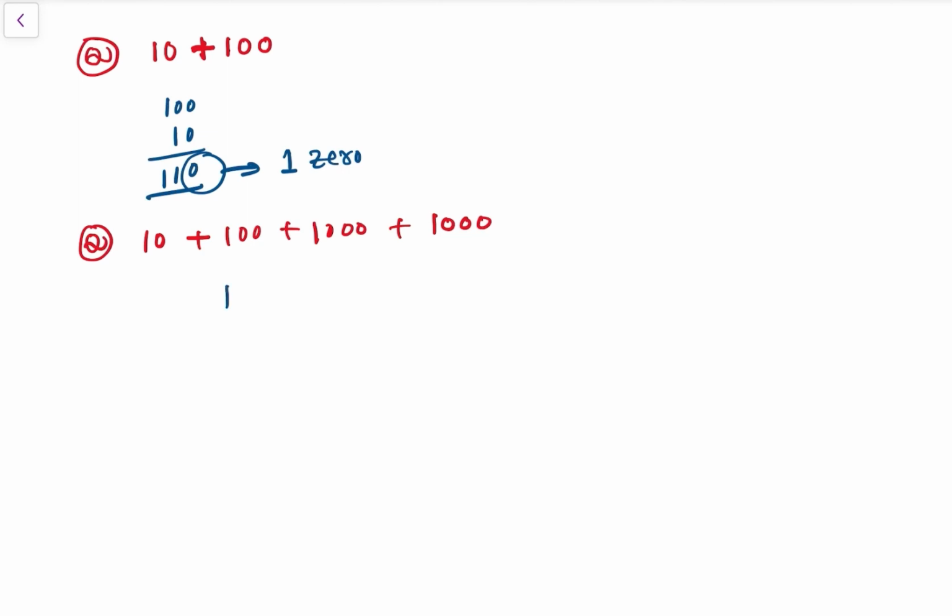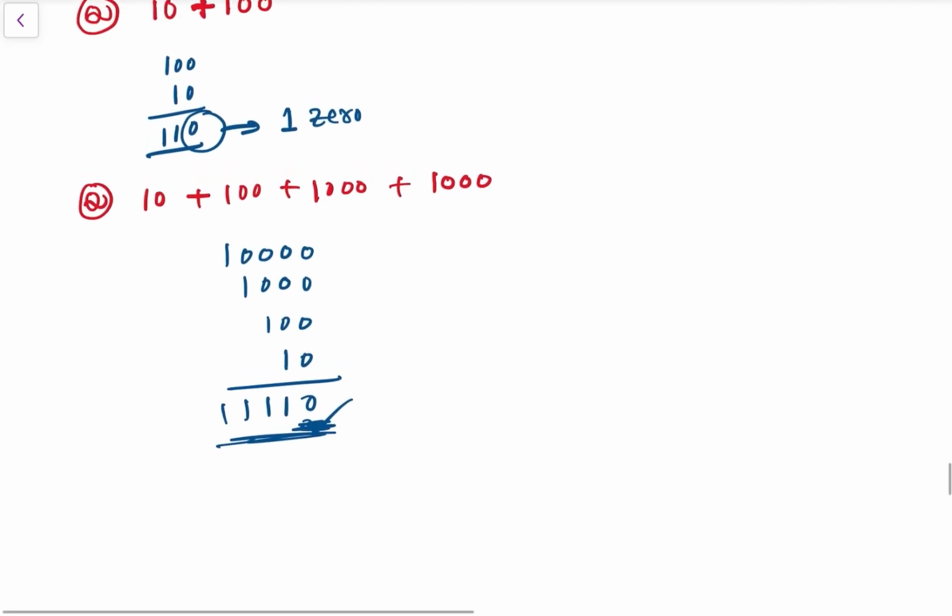If we do a simple calculation, it is 100 plus 10, that would be 110, so the number of zeros towards the end is 1. We need to understand the basics. Then the next question is 10 plus 100 plus 1000 plus 10,000. So the number of zeros towards the end: if we add, it would be 10,000 plus 1,000 plus 100 plus 10, so the number of zeros is only 1.